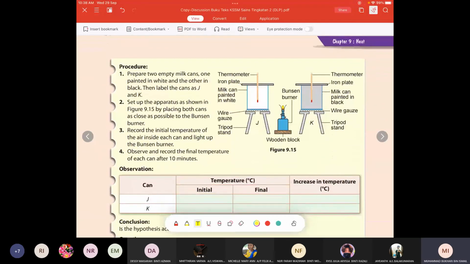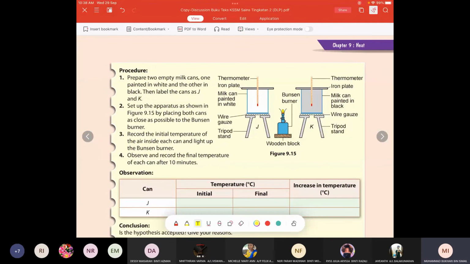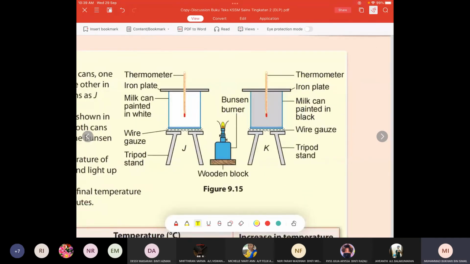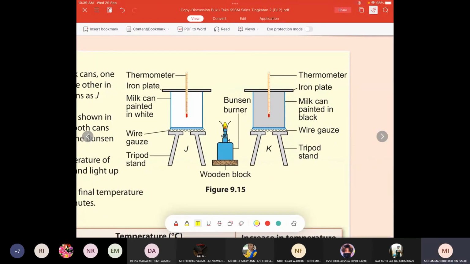Actually, in the lab, we need to do an experiment and we'll be able to see the difference. As usual, for now, we will just discuss it in our online class. You need to have two milk cans.